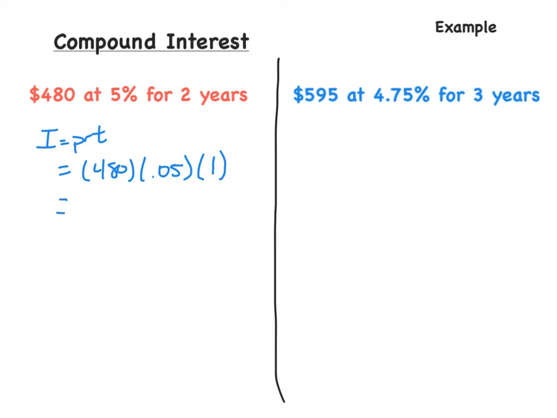When we do that, we get $24. Now, what we do is add this $480 and this $24. So if we do 480 plus 24, we get $504.